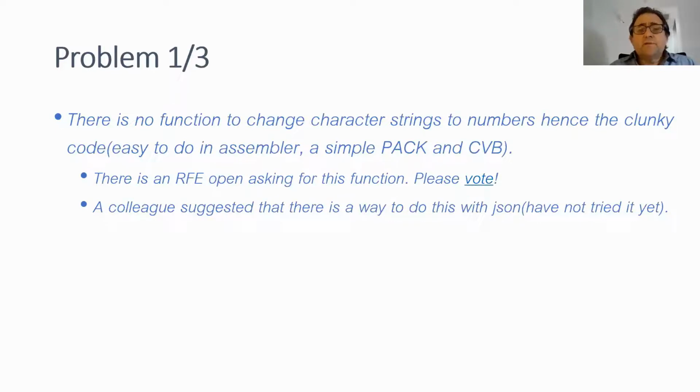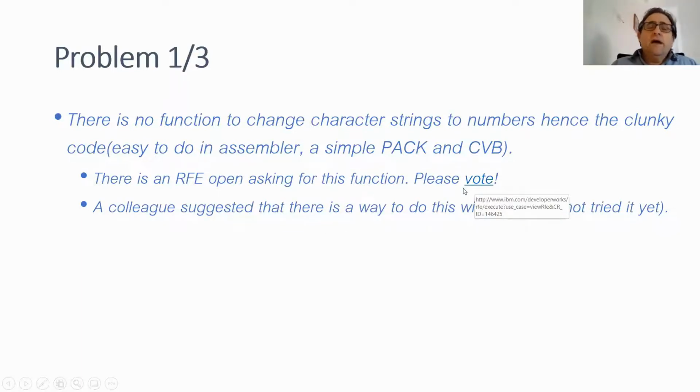Three major problems that bugged me. Problem number one was that trying to parse what came after that T on the accounting information in the exit, it was really easy. It's a pack and then it converts to binary, and then you just compare the numbers, and that's really easy in assembler. I did open an RFE for this, and if you want to be nice, that's an active link that'll take you to the RFE.